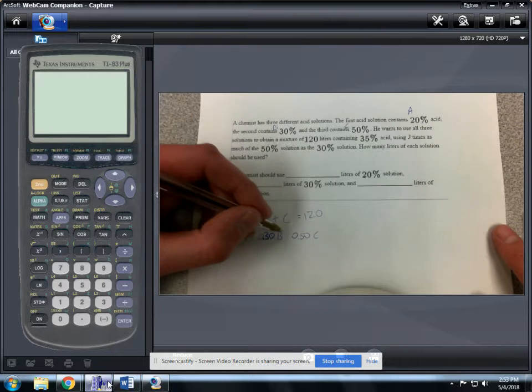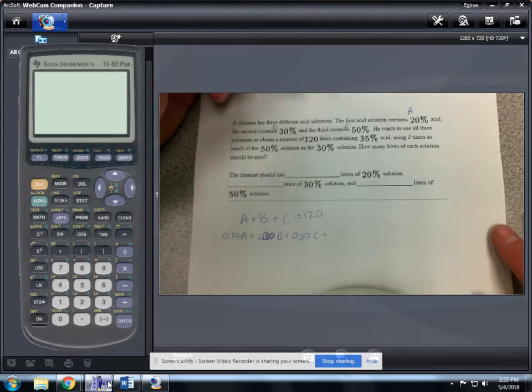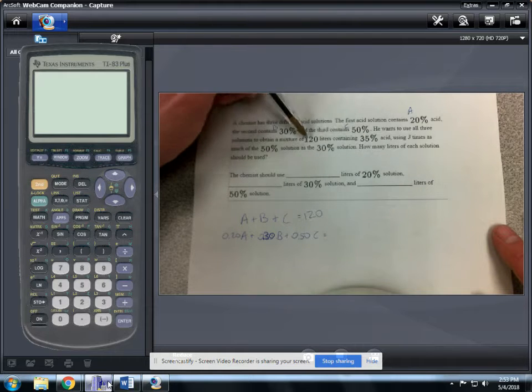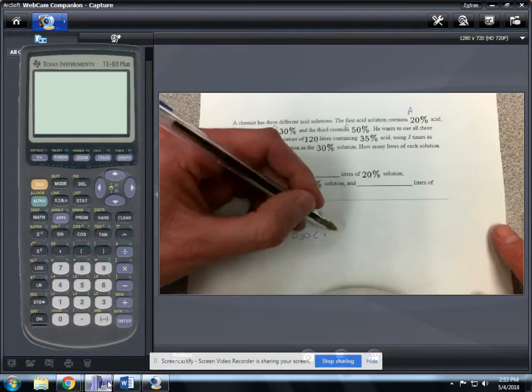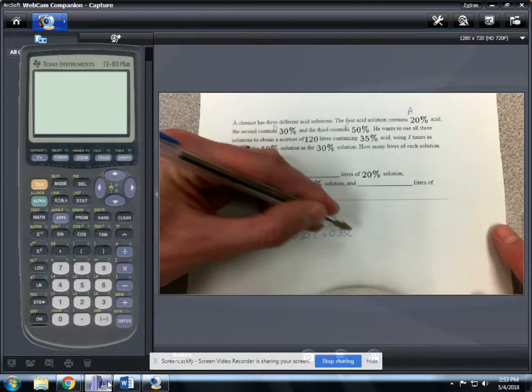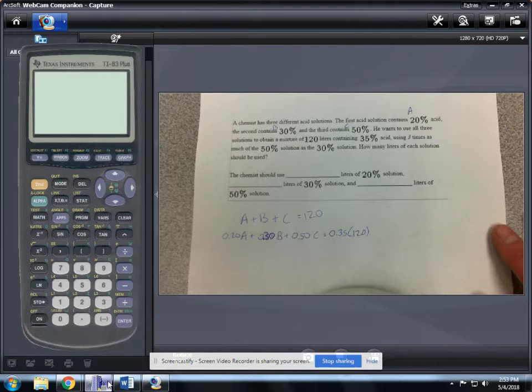And if I combine all those together, I want the percent acid in the end to be 35% of the 120 liters. So this part right here is going to be 35% of 120.